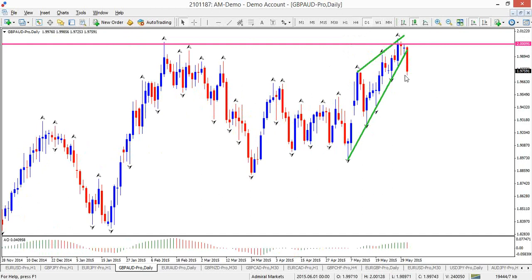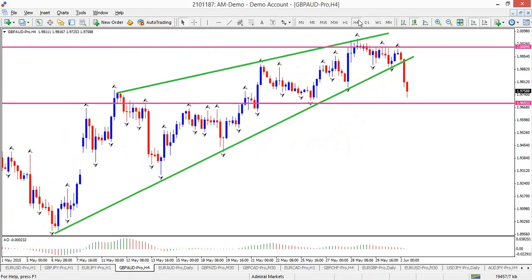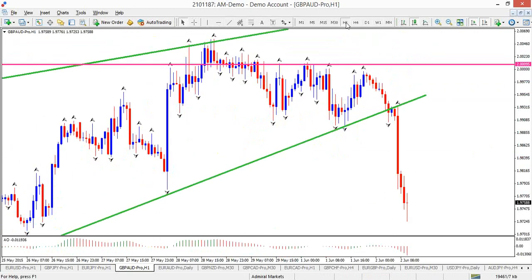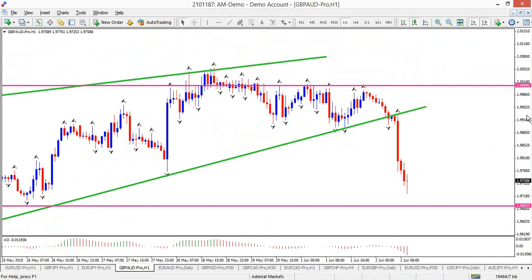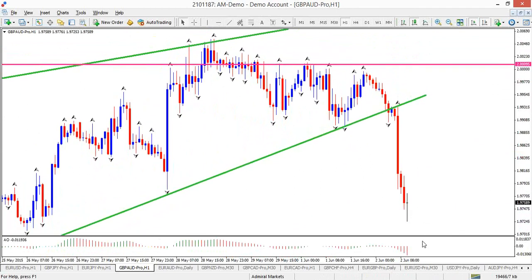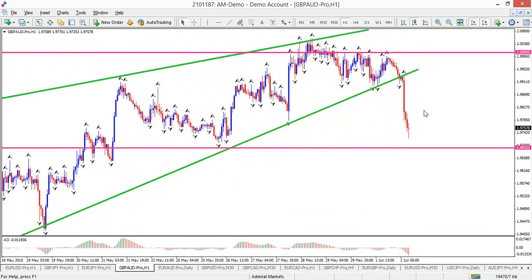I think this is one that I wouldn't be surprised could easily retrace a bit deeper. Doesn't make sense to trade it now because it's fallen already so much.